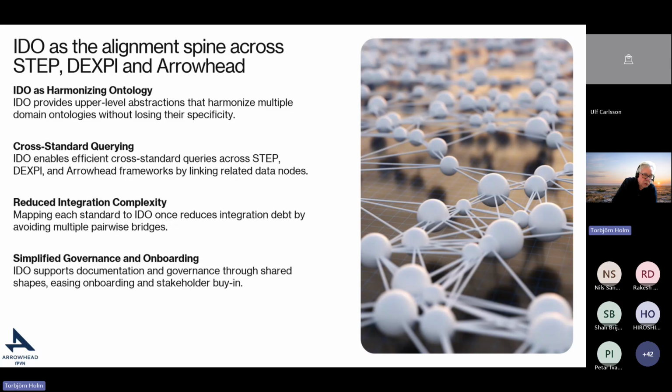So we are using the endpoint technology of W3C. This makes the integration complexity and the interoperability creation much easier and easier to understand. And it also simplifies governance and onboarding, as I said before.